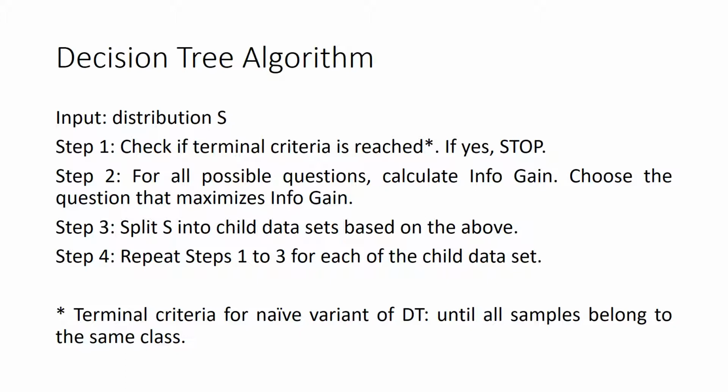So I started with 70% yes and 30% no, but at the leaf nodes, I want either 100% yes or 100% no. I don't want 90% yes, 10% no. I don't want any of that. So I'll draw out the full tree. That's the naive variant, and we'll see why that's a terrible strategy in a later slide. But for now, just assume that that's how we are doing things.